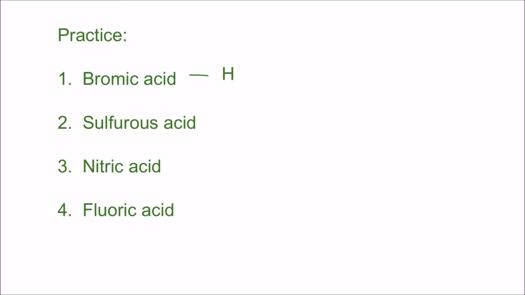And we start all polyatomic acids with the stem of the nonmetal. So since I see brome here, that must mean that the nonmetal is bromine. So we'll write the bromine symbol. And then I need to include oxygen because in the general formula for a polyatomic acid, it always ends with oxygen. If I didn't do that, this would be a binary acid, and we already said it's not that.